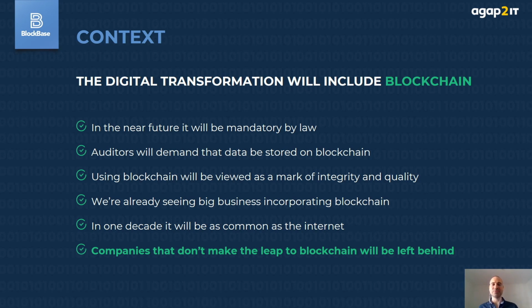Using blockchain will be viewed as a mark of integrity and of quality, right? And we're already seeing big business incorporating blockchain. And we believe that in one decade, it will be as common as the internet, and companies that don't make this change will probably be left behind, similarly to what happened with the change of the internet.